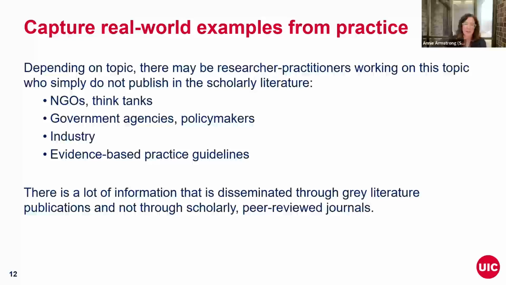And these are just some examples of gray literature that is produced from practice. So non-governmental agencies or organizations, think tanks, government agencies, policymakers. All of these people work in the field of research, but may not ultimately publish through the peer review channel. Industry, and also guidelines.